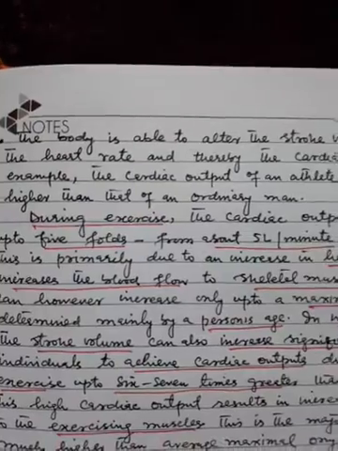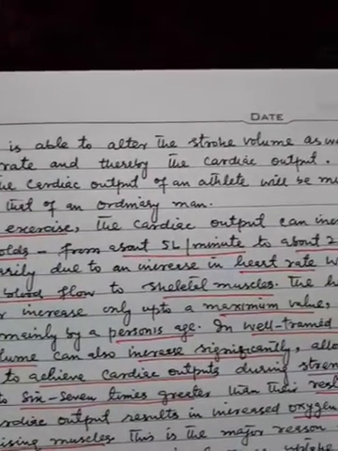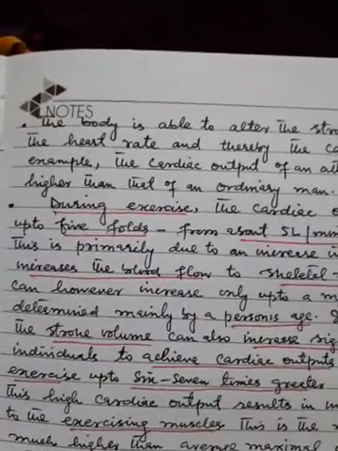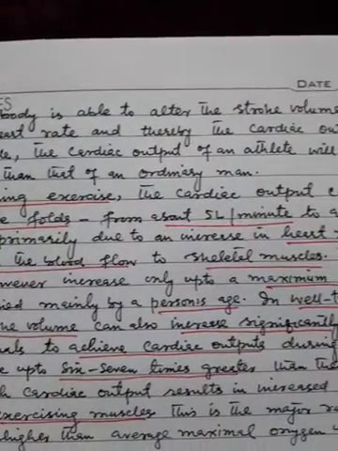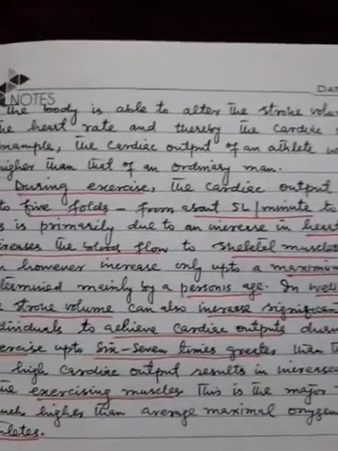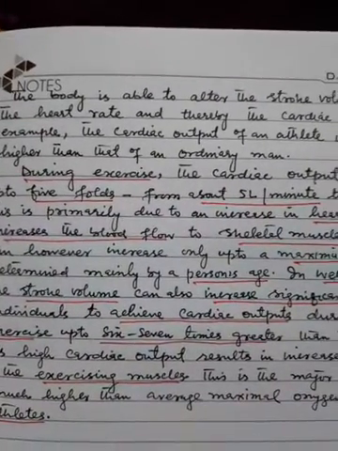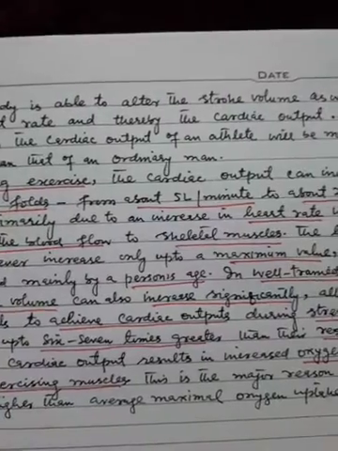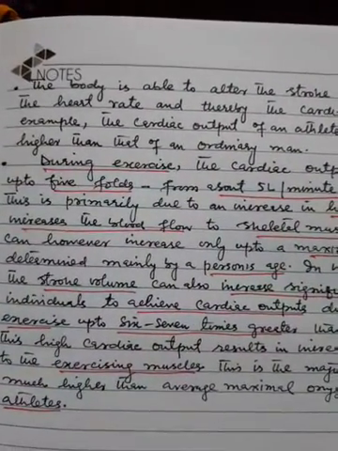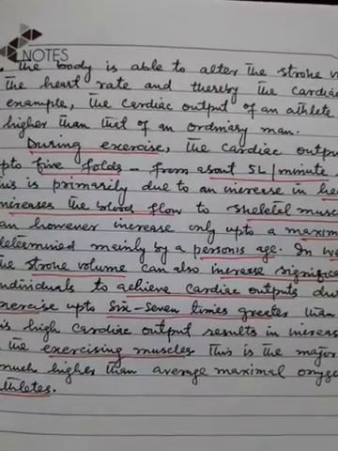The body is able to alter the stroke volume as well as the heart rate and thereby the cardiac output. As for example, the cardiac output of an athlete will be much higher than that of an ordinary man.